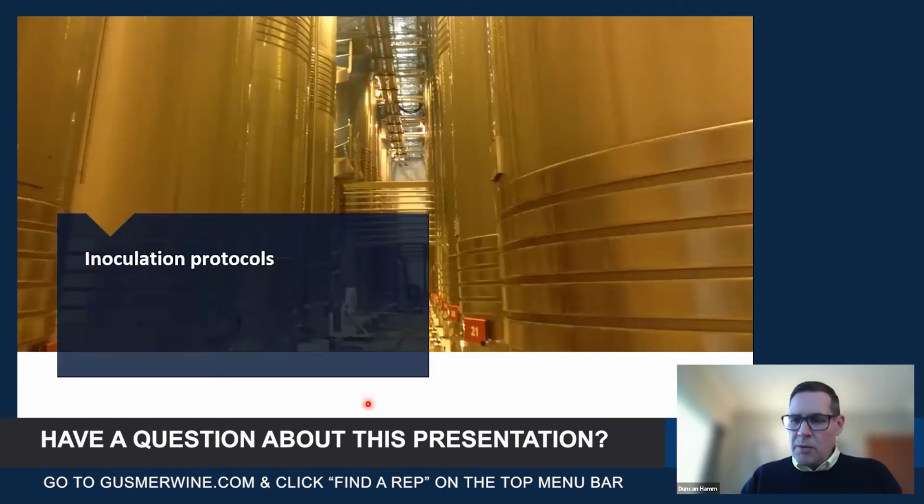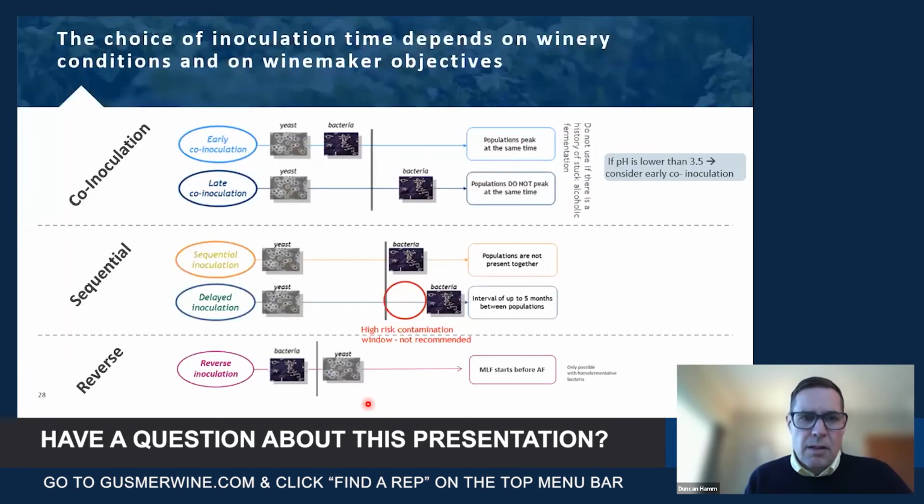At this point, I just want to move on to inoculation protocols. Timing of inoculation has become something that we see is quite an interesting winemaking tool. Traditionally, whether it was inoculated or non-inoculated, you would typically see this process here with sequential inoculation, where your yeast would drive the primary fermentation, and then a bacterial population would drive the malo.